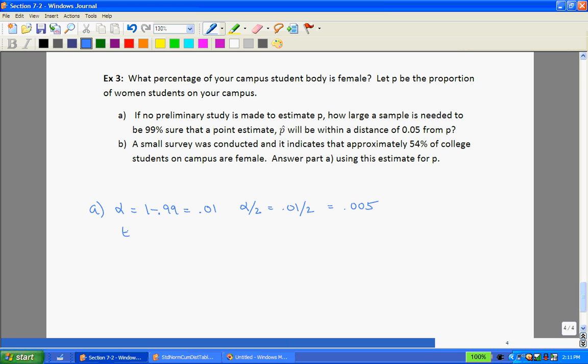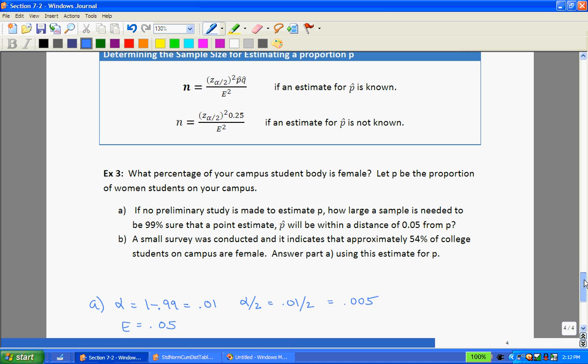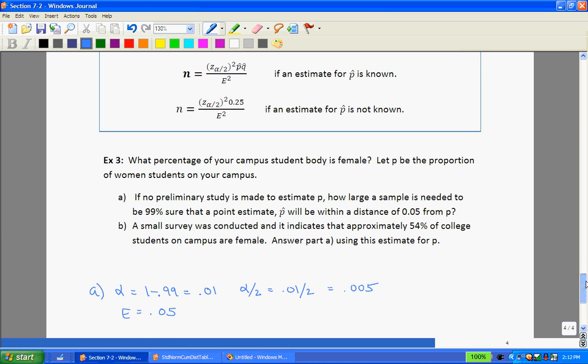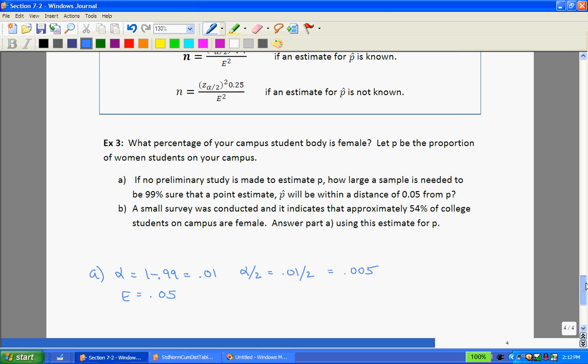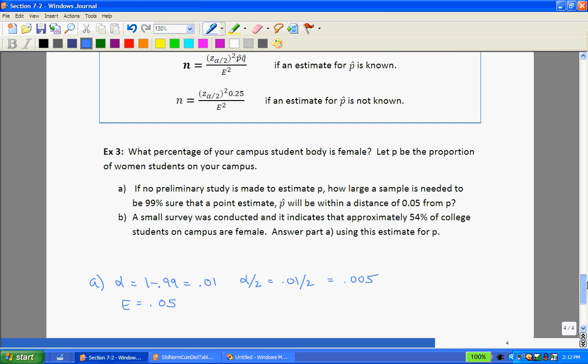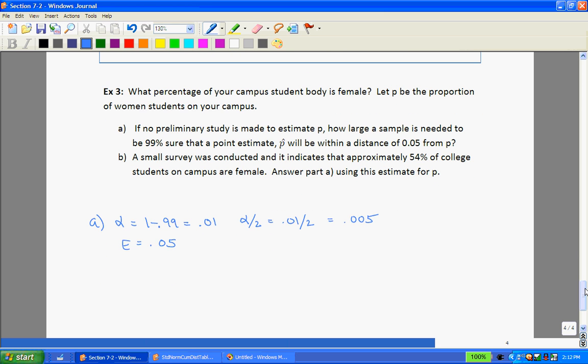So E is equal to 0.05. Now in our formula for finding the sample size, we don't know p hat this time, so we're going to have to use the second formula. We know E, and we have to look up z alpha over 2, so let's do that.